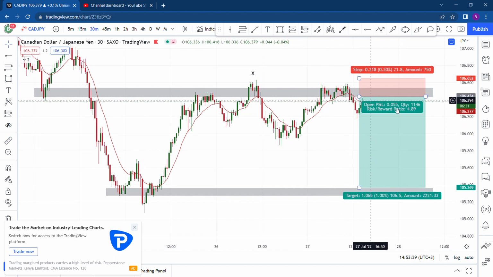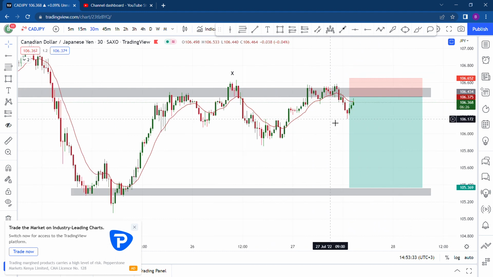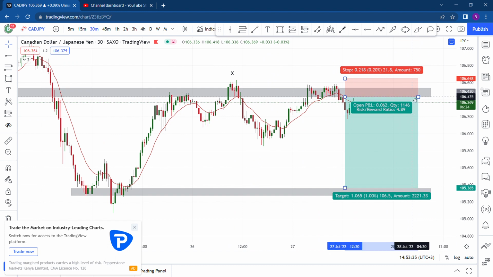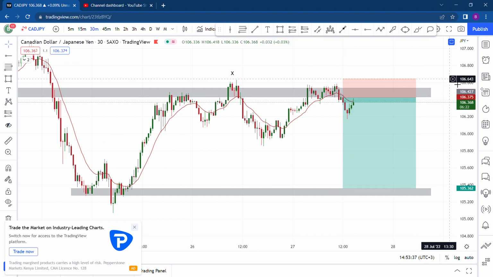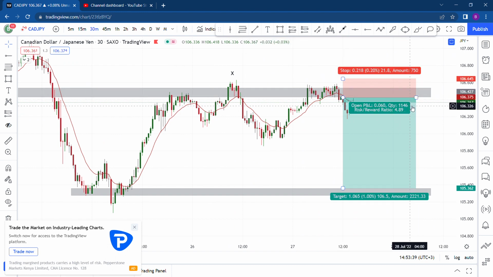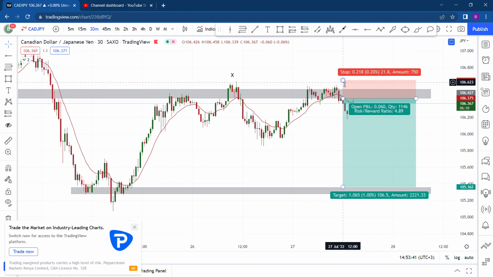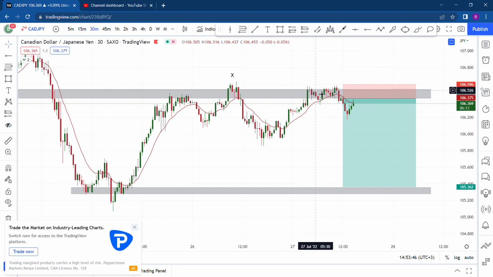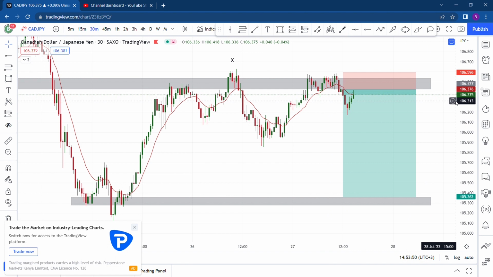So the risk reward ratio is 1 to 4.89. It's almost 1 to 5. Yeah, so our risk reward ratio is almost 1 to 5. Our SL is supposed to be there on top of these highs. So it looks like that.